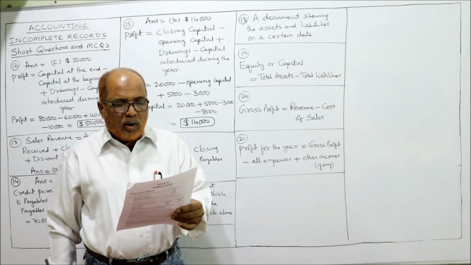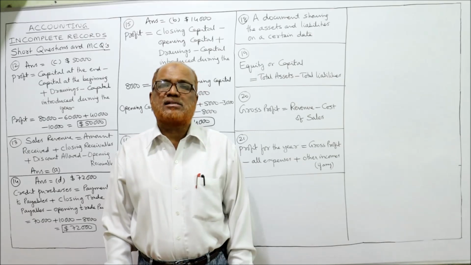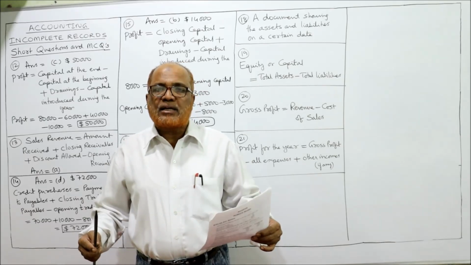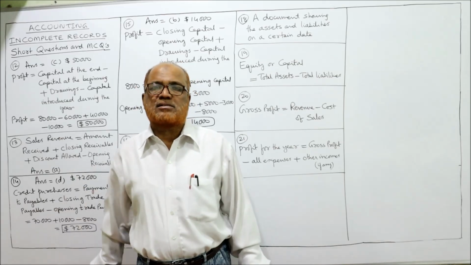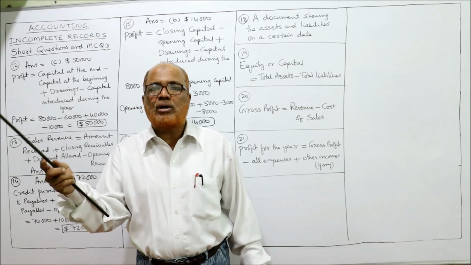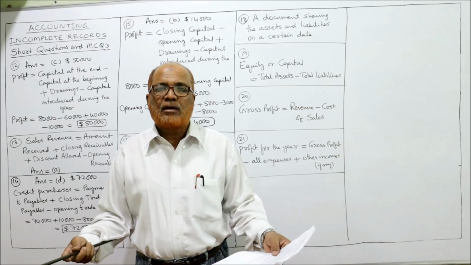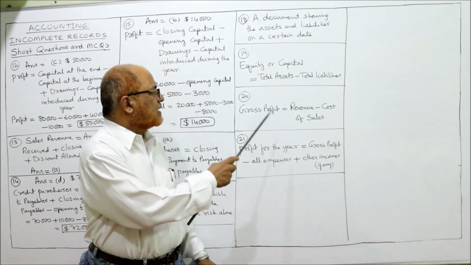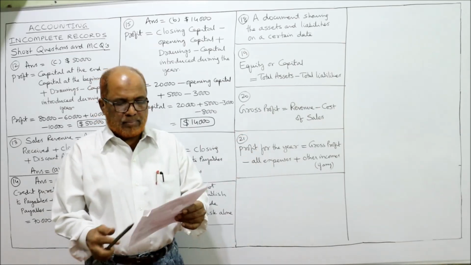Next one is, what do you get if you subtract total liabilities from total assets? Simply, total assets minus total liabilities is equal to what? It is equal to capital or equity. So the answer is equity or capital is equal to total assets minus total liabilities.